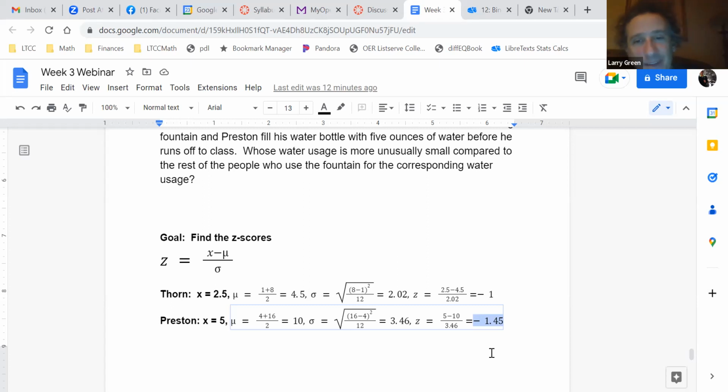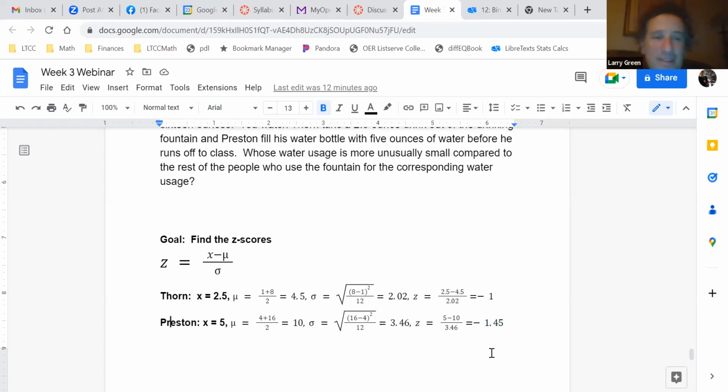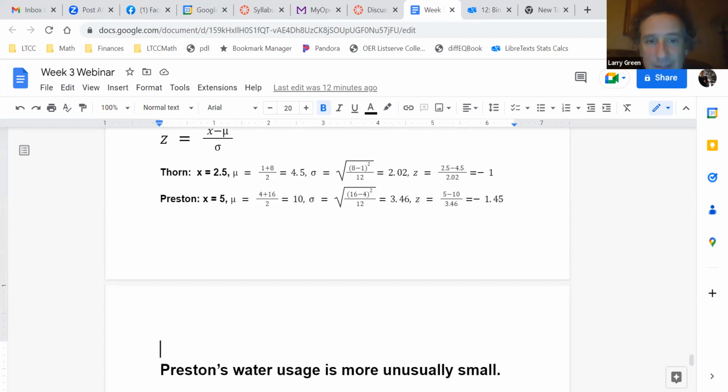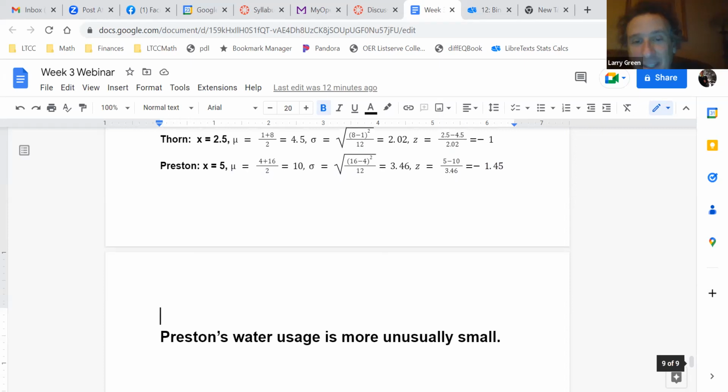So we can say that Preston's water usage is more unusually small, and notice it's small because negative means you're on the lower side than average, right? So Preston's water usage is more unusually small, even though neither are outliers.